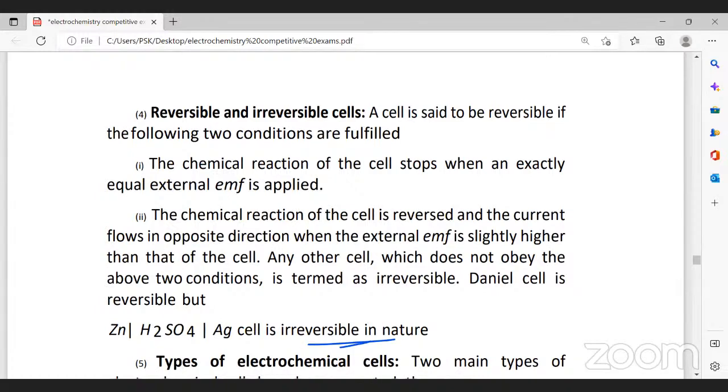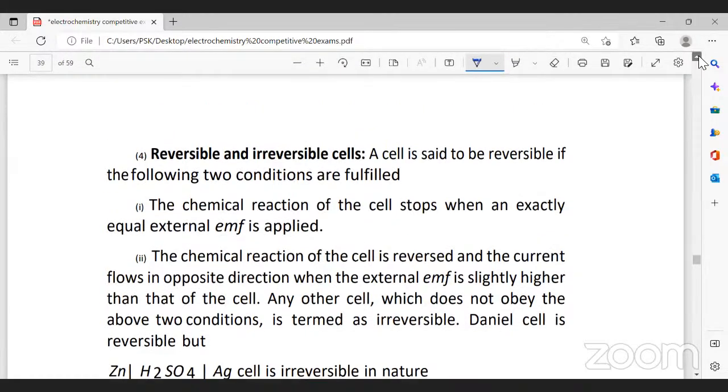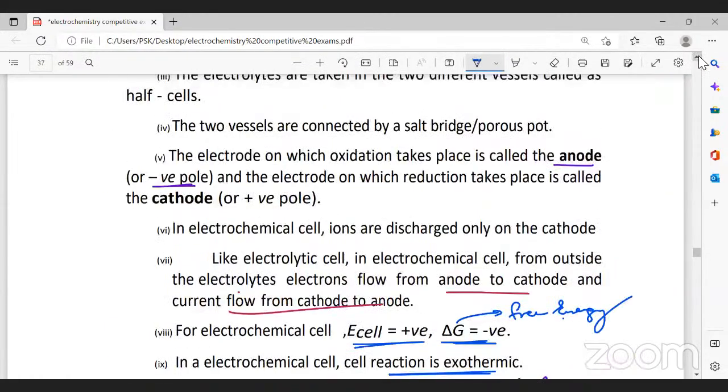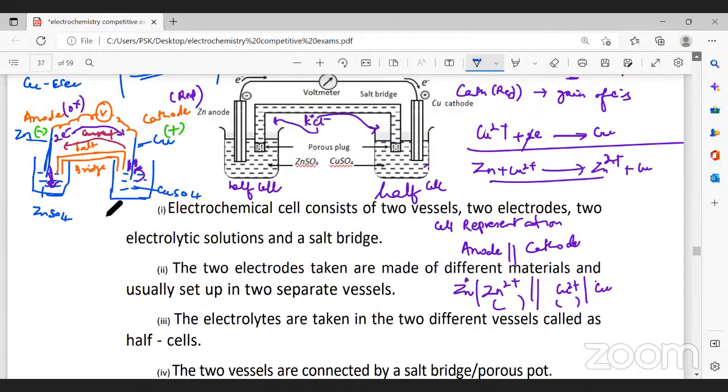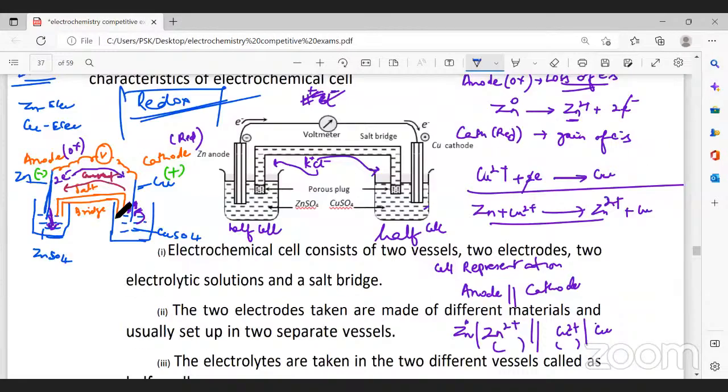Now, we'll try to understand this. A cell is said to be reversible if the following two conditions are fulfilled. What is that? A chemical reaction of the cell stops when an exactly equal external EMF is applied. In the case of Daniel's cell, oxidation takes place at zinc and reduction takes place at the copper cathode.